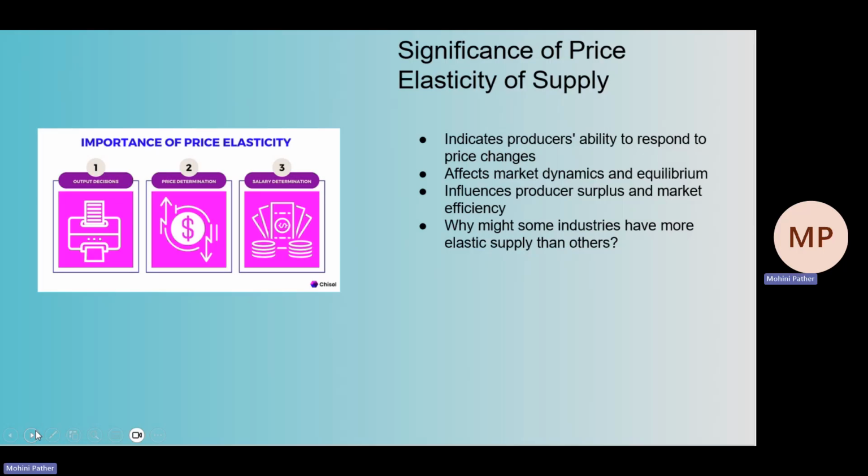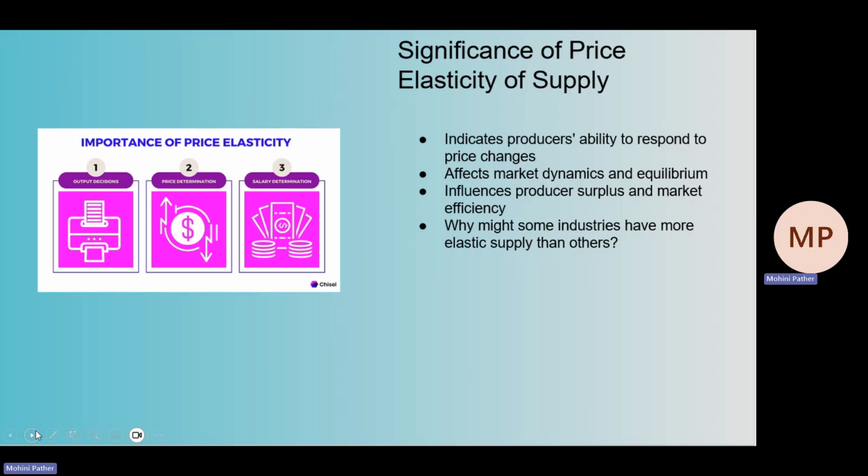Now, the significance of the price elasticity of supply is that it indicates what producers are willing and able to produce. It's not always possible for producers, if there is an increase in price, to say, well, we're going to increase our production by 100% to take advantage of this new price.